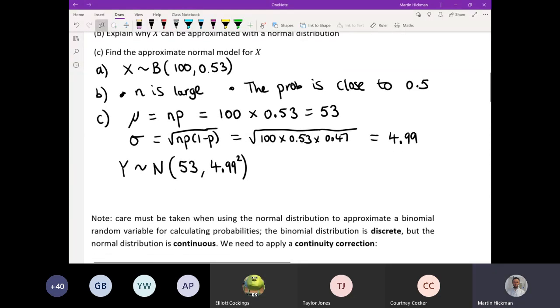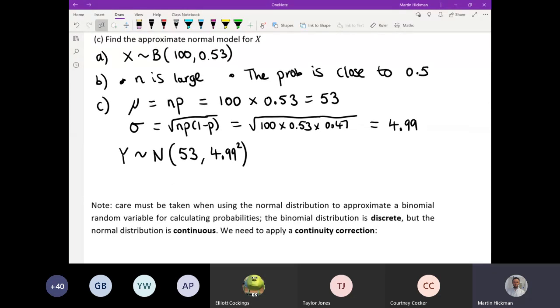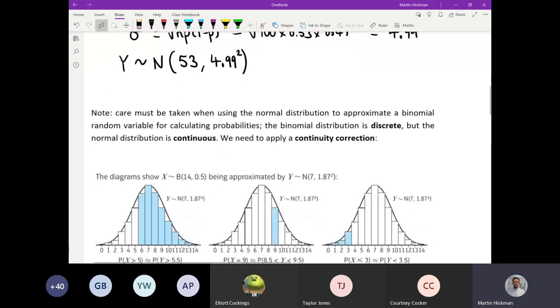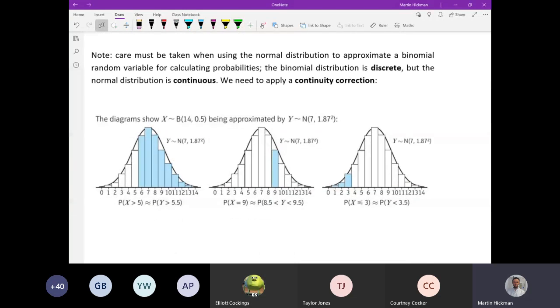Now, I mentioned earlier that one of the main differences between binomial and normal is that binomial is discrete and normal distribution is continuous. So for that reason, we need to apply what we call a continuity correction.